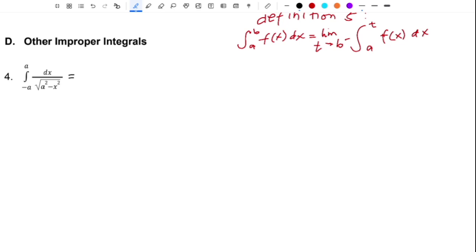So our critical number here is our upper limit, which is a.